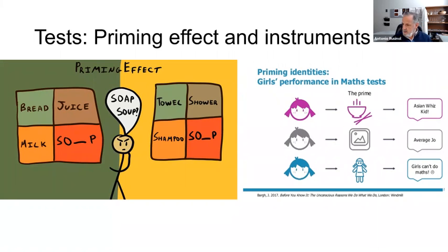This is a typical example where you have S-O-P with one letter missing, and the context is pushing you to pick soup, or with this other context is pushing you to pick soap. And so they have adapted this priming effect to measure biases. This is not in much use anymore.